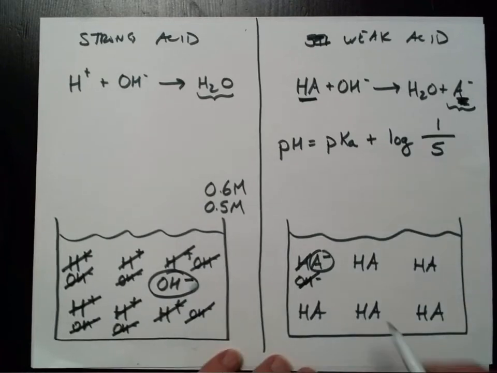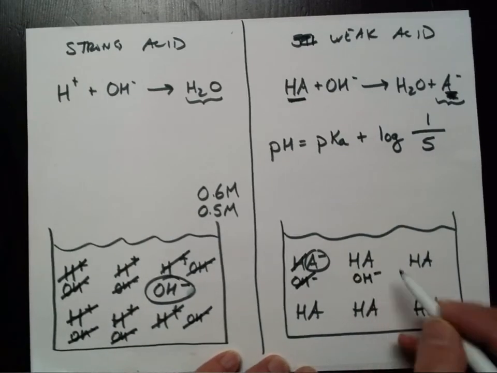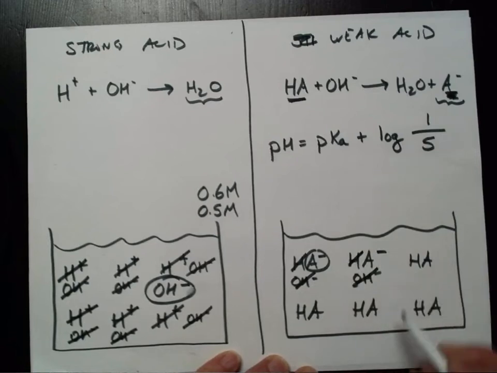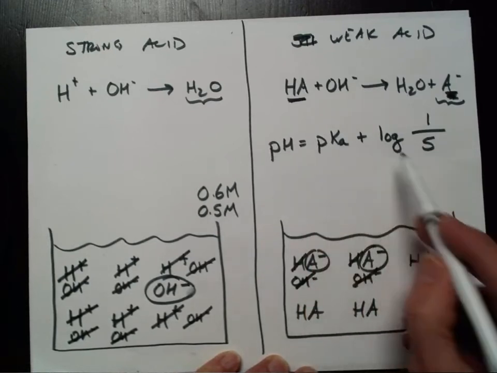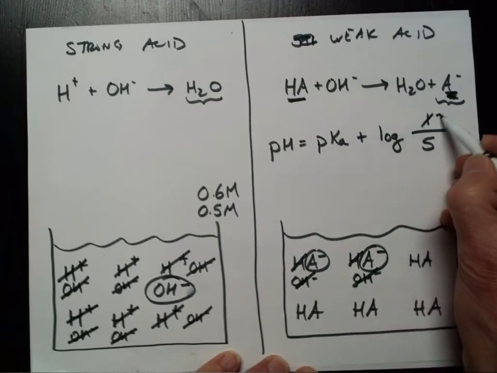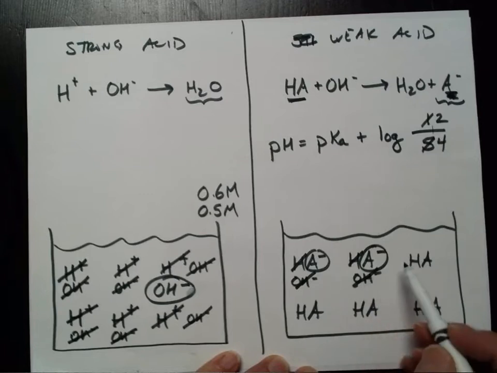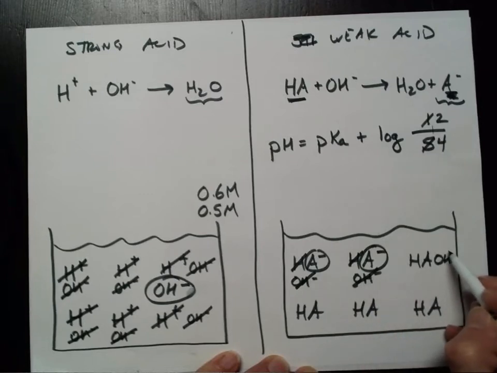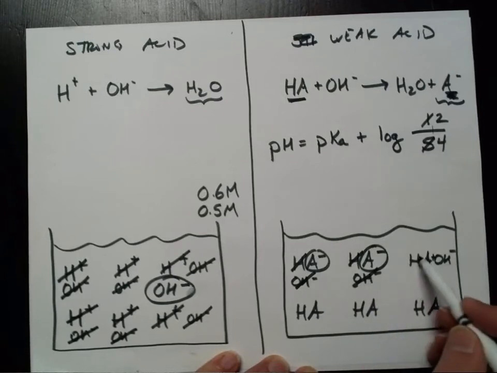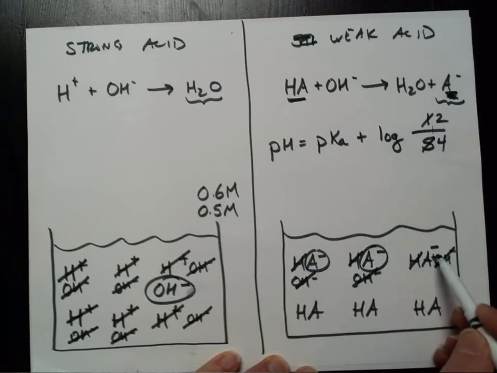Let's say I add another hydroxide. Well, let's see, we're going to make water and an anion, the conjugate base. So in this case, it'd be pH is pKa plus the log of 2 over 4. Notice both of them change, right? Because when hydroxide reacts with our acid, we lose the acid and gain the conjugate base.